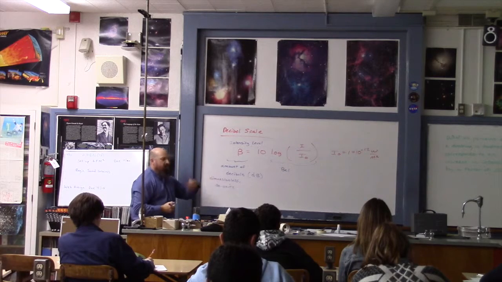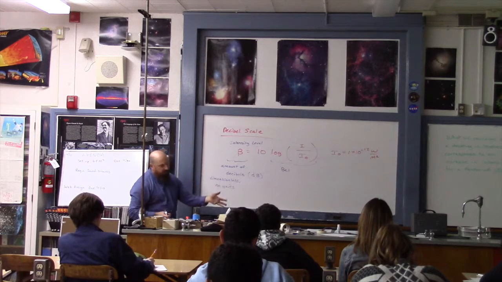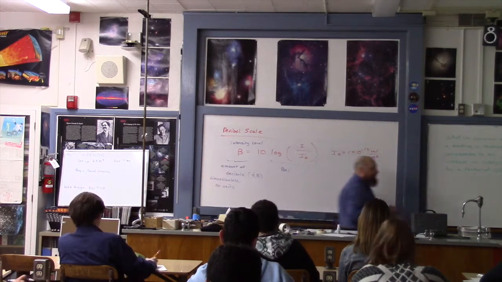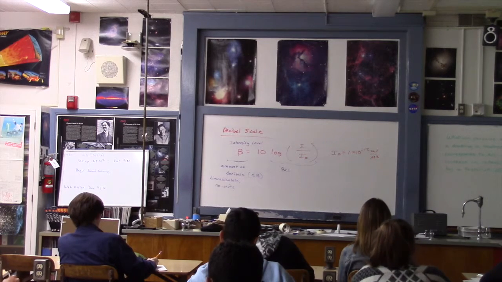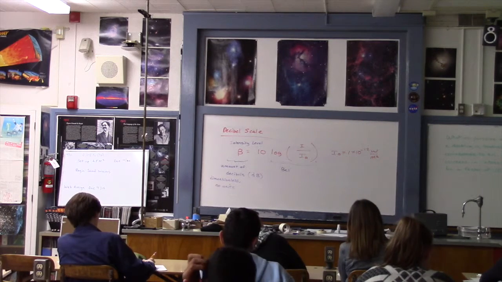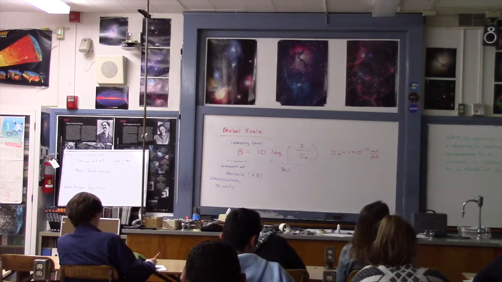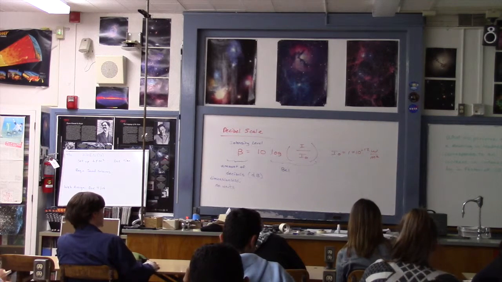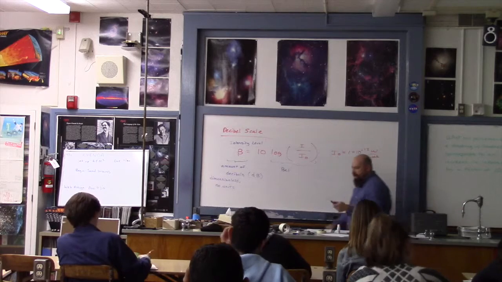Now, getting a handle on the decibel scale, how it works, is really easy. So let's take a look at an example. In my example here, the first 3 parts, parts A, B, and C, will give you an idea very quickly as to how the scale works.